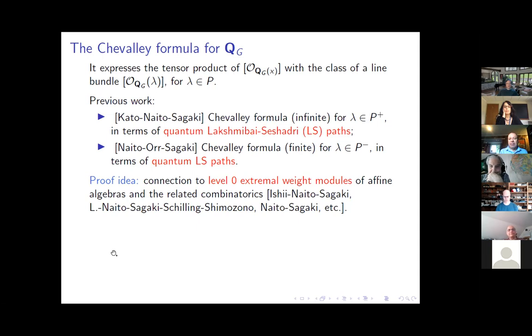So these things also came up in previous work of mine, as I mentioned, and Naito Sagaki, other work of theirs, and other people. So now we have a Chevalley formula due to these two papers for dominant and anti-dominant weights, and they are in terms of these quantum LS paths, which are not that combinatorial because they are actually piecewise linear paths.